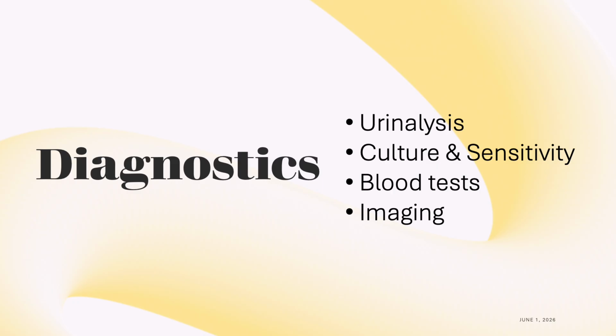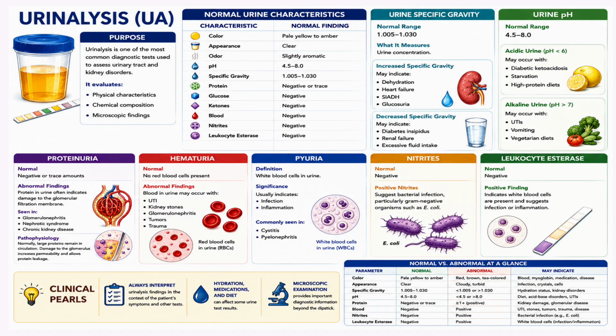Diagnostic testing helps evaluate kidney function, identify urinary tract disorders, and guide treatment decisions. Common tests include urine analysis, urine culture and sensitivity testing, blood tests, and imaging studies. These tests provide important information about the filtration. They provide information about infections, structural abnormalities, and overall kidney health.